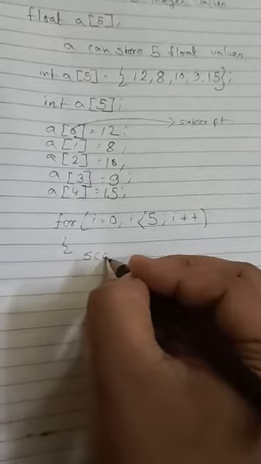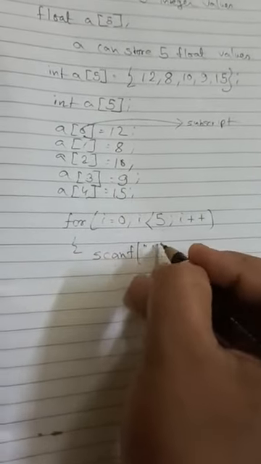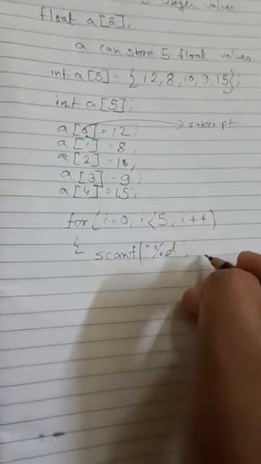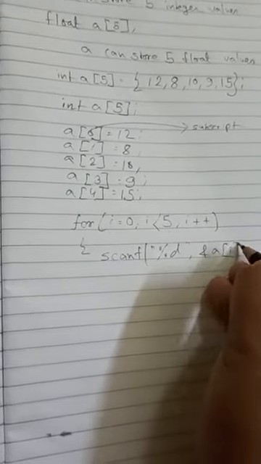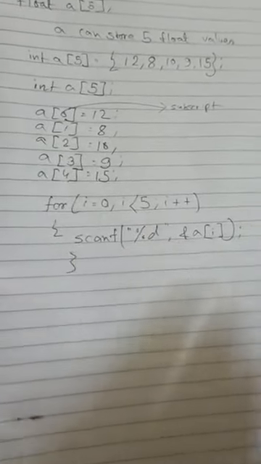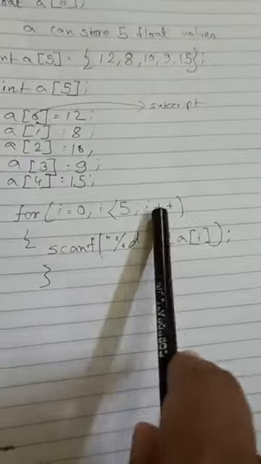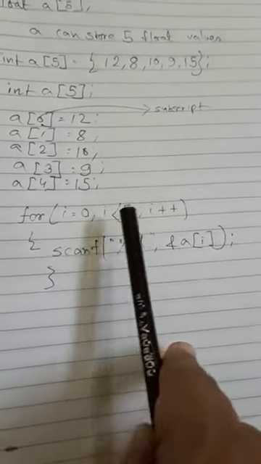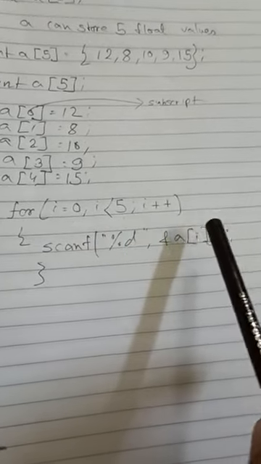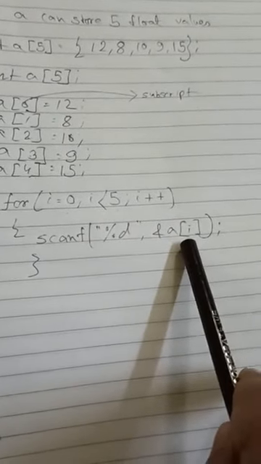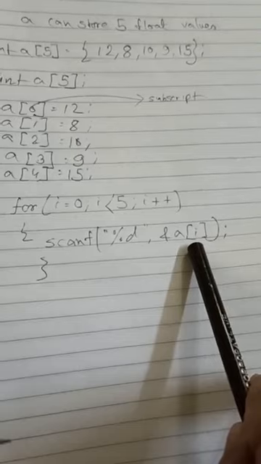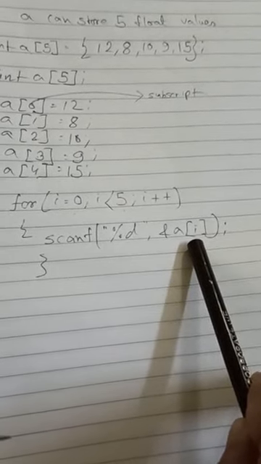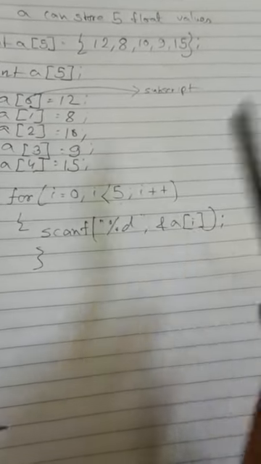Next, scanf("%d", &a[i]). At first, the value of i will start from 0. So at first we will take a value, it will be stored at &a[i]. That means the value of i is 0, so it will be stored at the a[0] position.